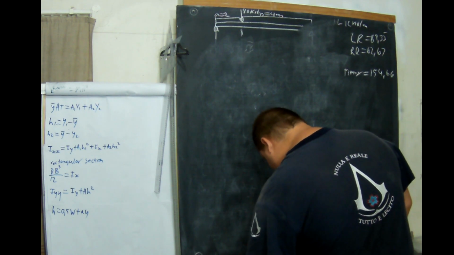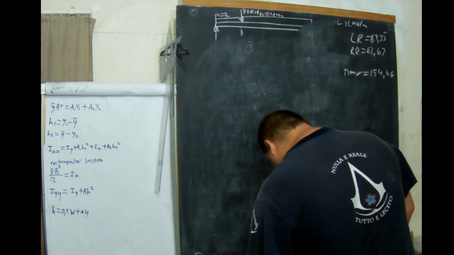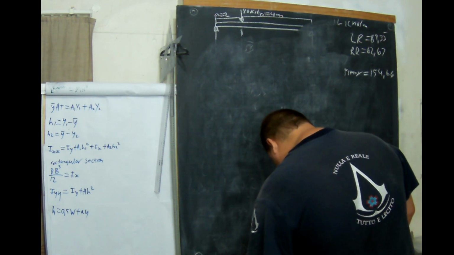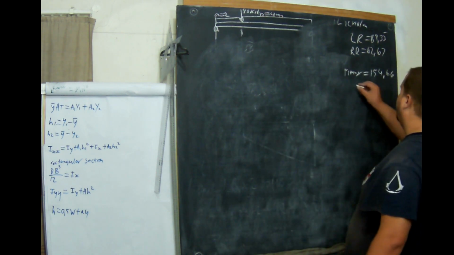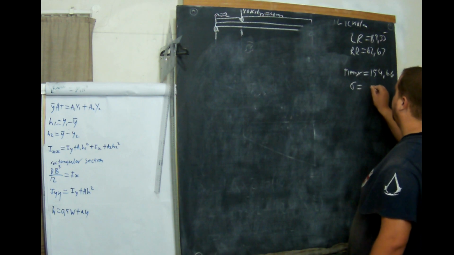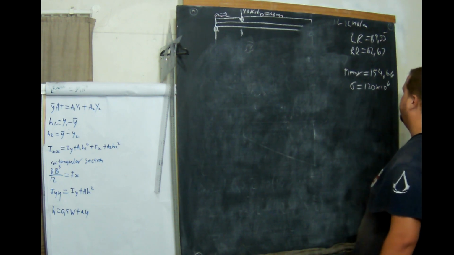Now we need to calculate the I-beam, calculate a suitable I-section to be used if the maximum allowable stress is 120 megapascals. So, stress is equal to 120 times 10 to the 6.